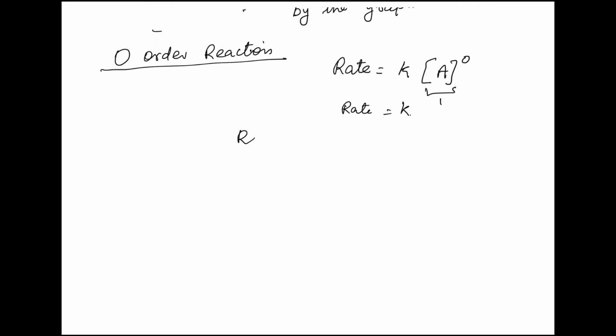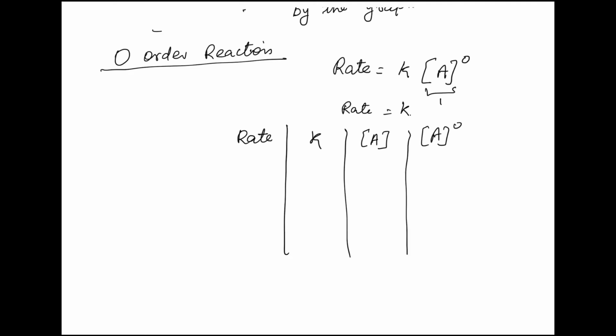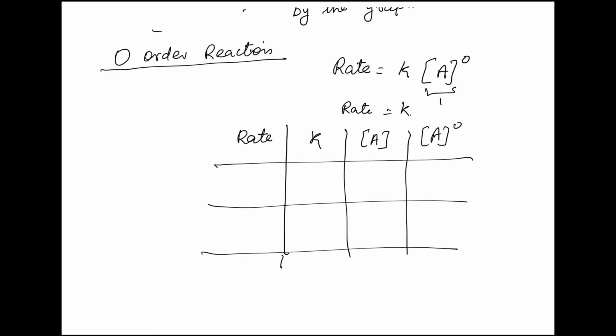If we take some values, rate, K, A and A naught, for simplicity we take K equal to 1 and concentration as 2, 4, 6.